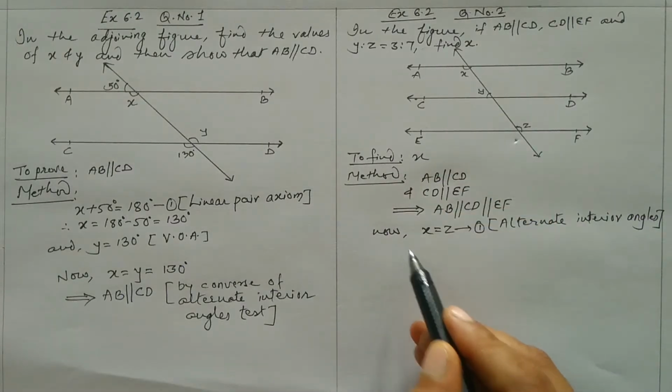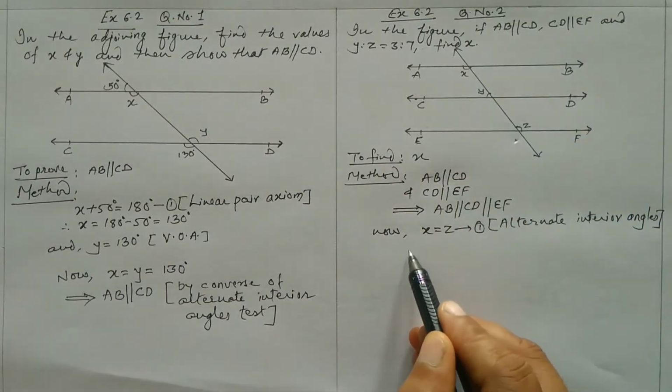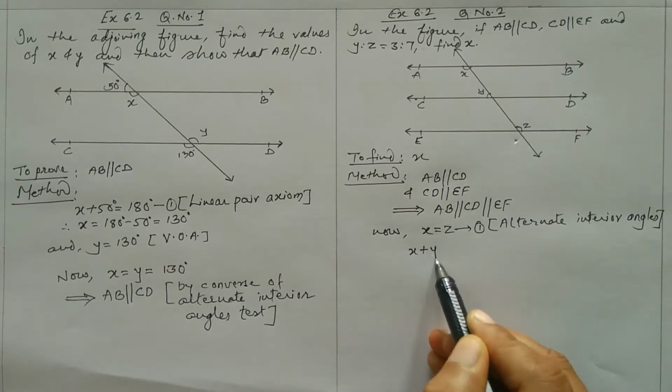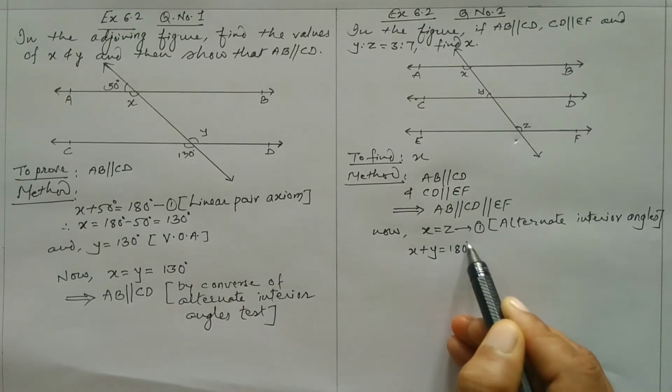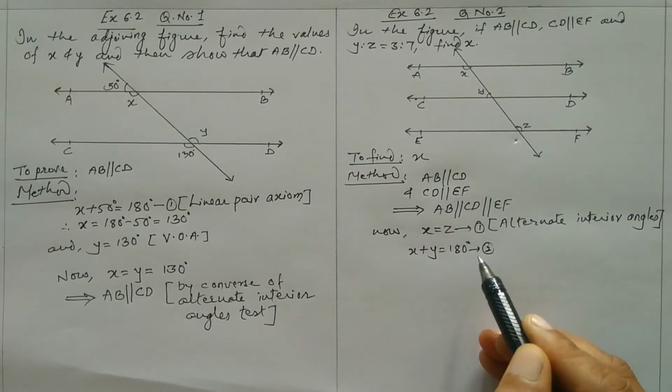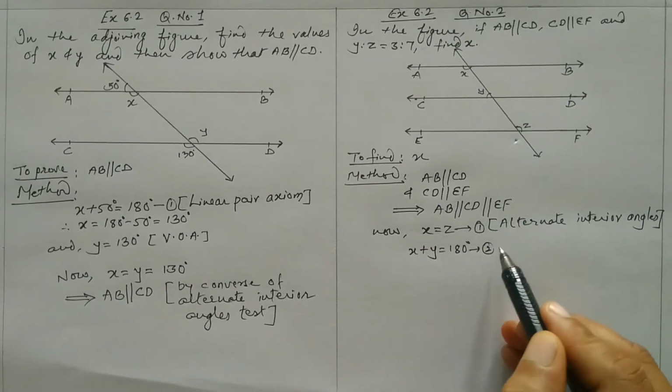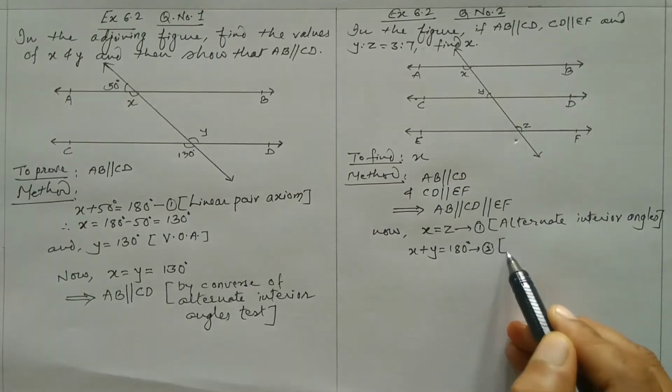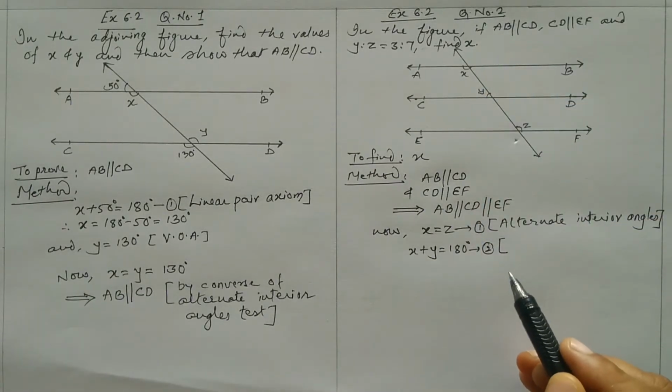Then what else is given to us? Now x plus y is 180, because angles x and y are forming a pair of interior angles, and interior angles on the same side of the transversal are always supplementary.